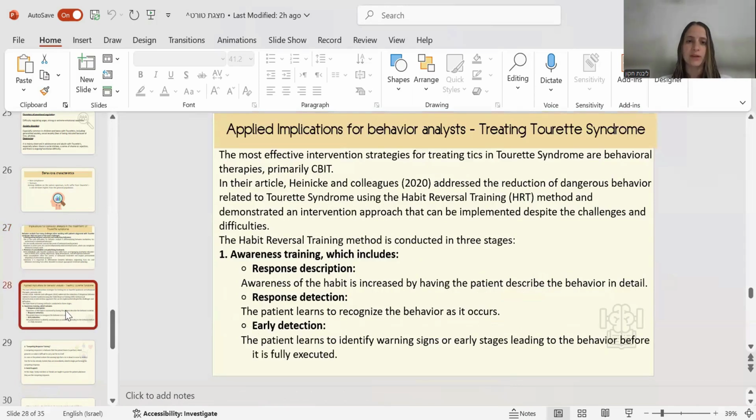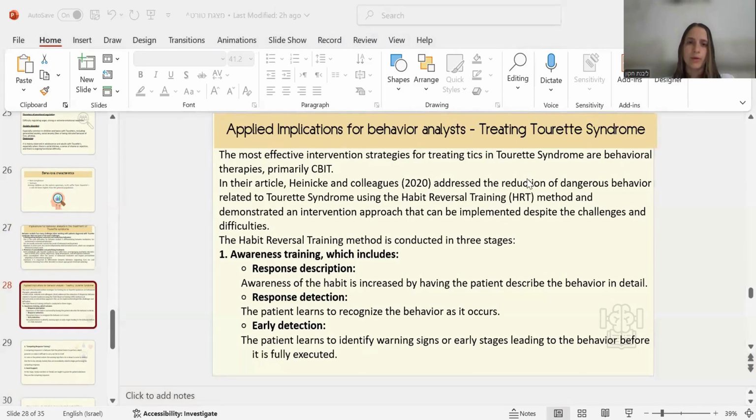The most effective intervention strategies for treating tics in Tourette syndrome are behavioral therapies, primarily CBIT.